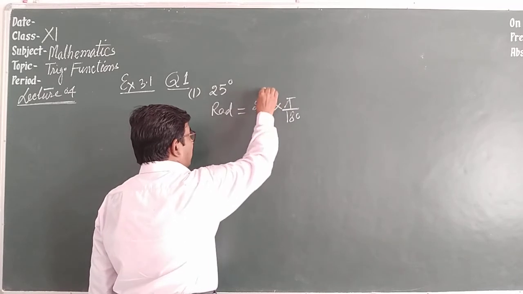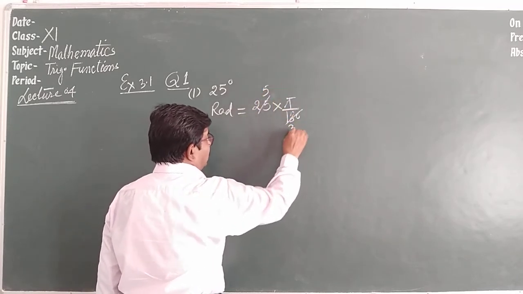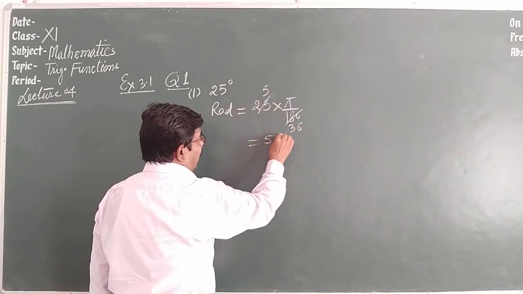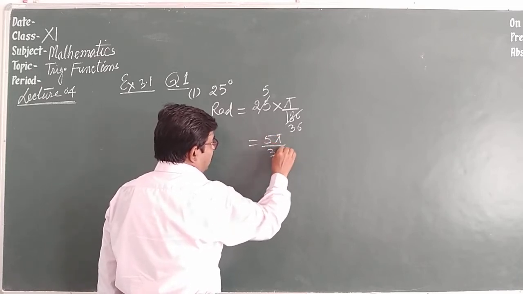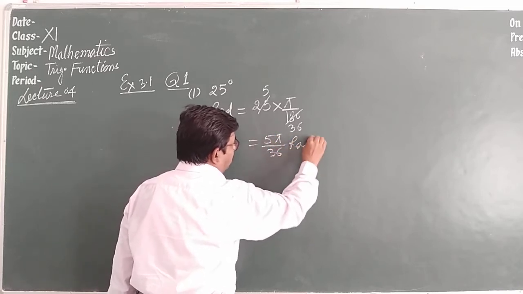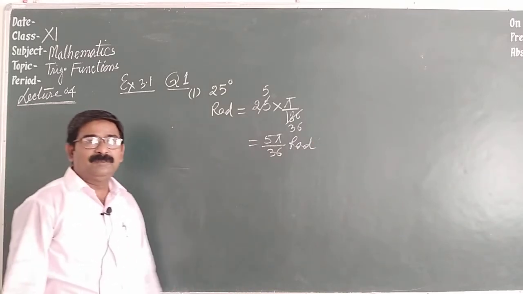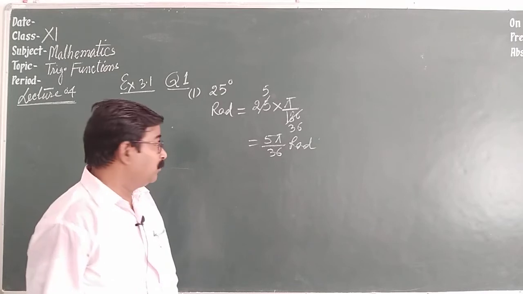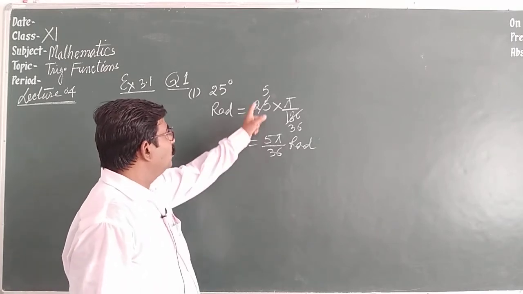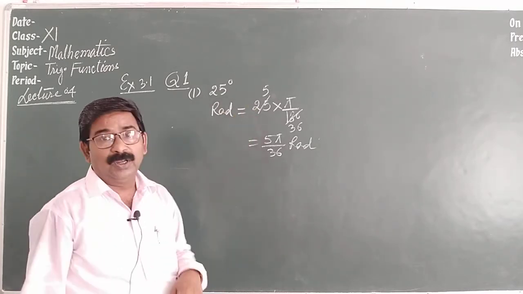Divide this: 5 fives are 25, 5 thirty-sixes are 180. So we have 5 pi upon 36 radian. You can leave the answer in terms of pi. No problem. So this is how we can convert degree into radian.